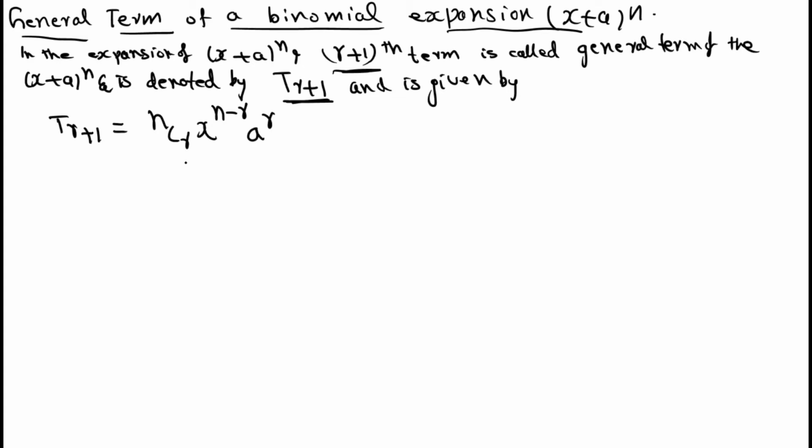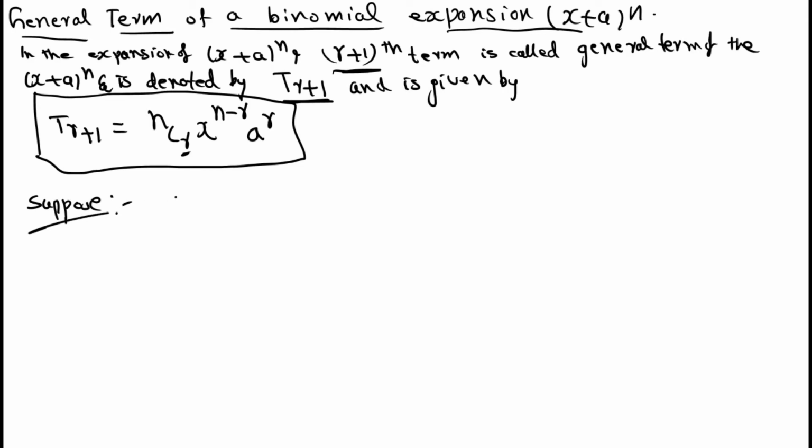We know that in a binomial expansion, the suffix of C must be equal to the power of the second term. That's how to remember the formula: T(r+1) = nCr into the first term to the power n−r into the second term to the power r.